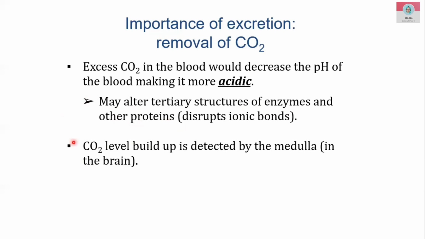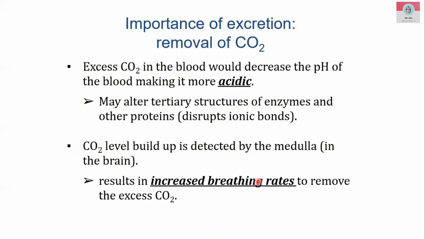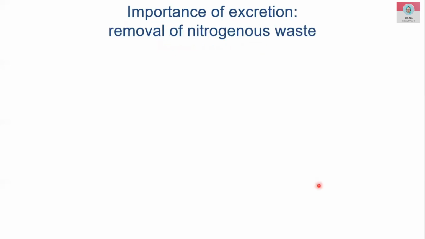So any buildup of carbon dioxide will be detected in the brain, by the medulla. That would cause an increase in the breathing rate to remove this excess carbon dioxide. So that's why it's important for us to remove carbon dioxide.